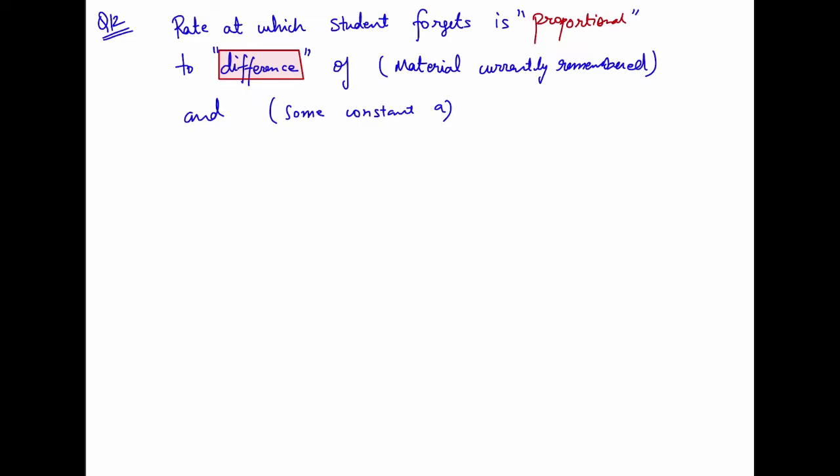This is how we have this idea here. They want you to make sure that you're able to formulate an equation that tells you the derivative of this thing, so we have to make sure we understand the literature they've given us. The rate at which the student forgets is this.